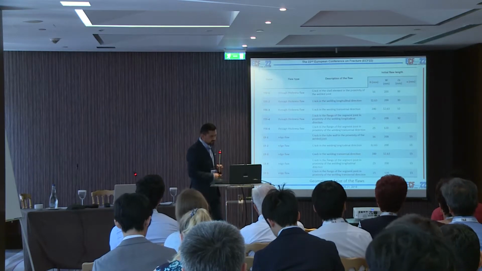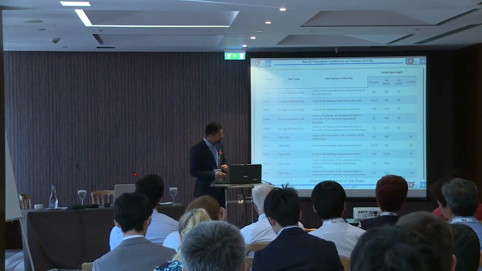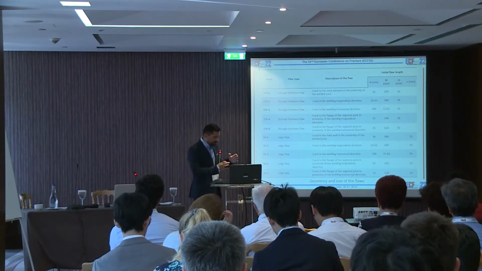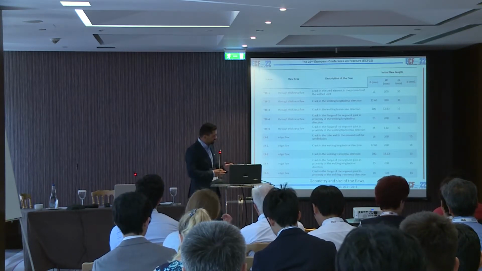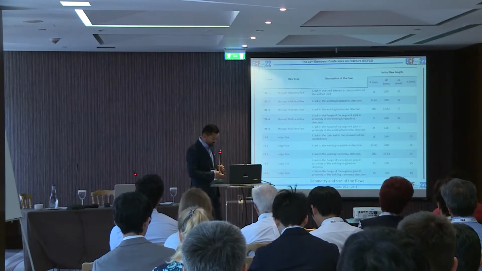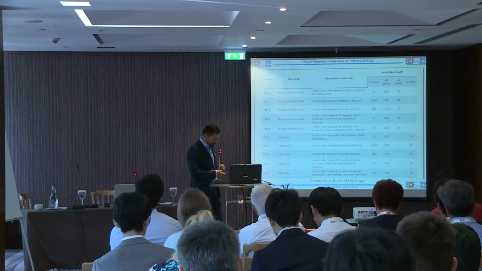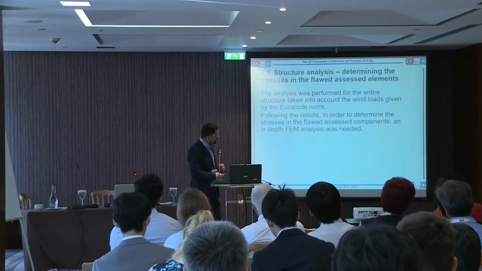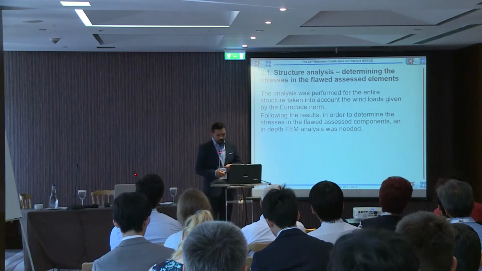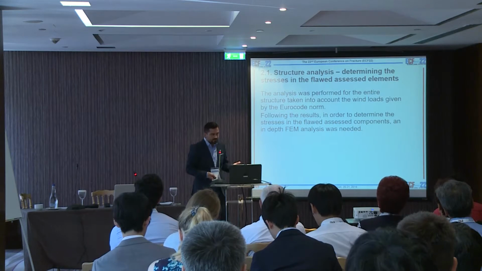Each flaw type is described as a position in the structure, in the element. We will see immediately, because we have a portion of the structure with the analysis results. And of course, it was needed to design this structure.